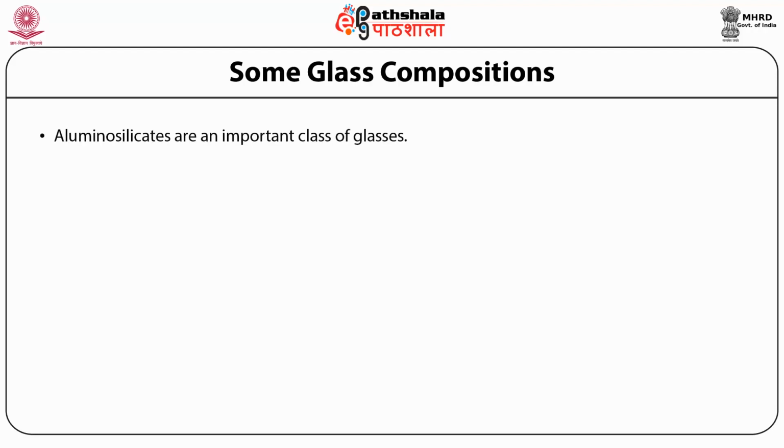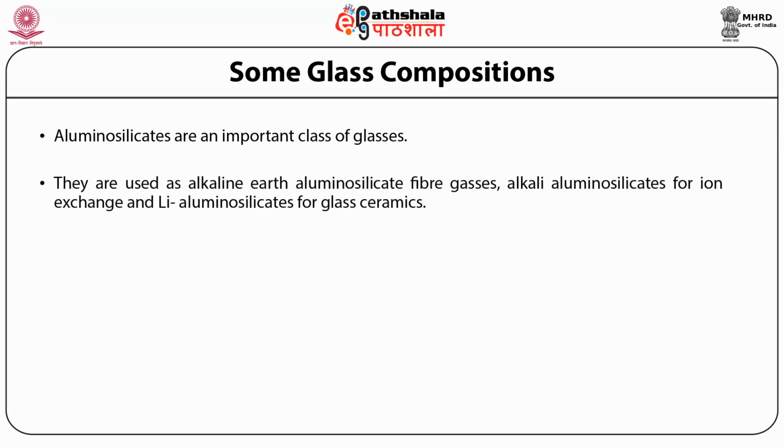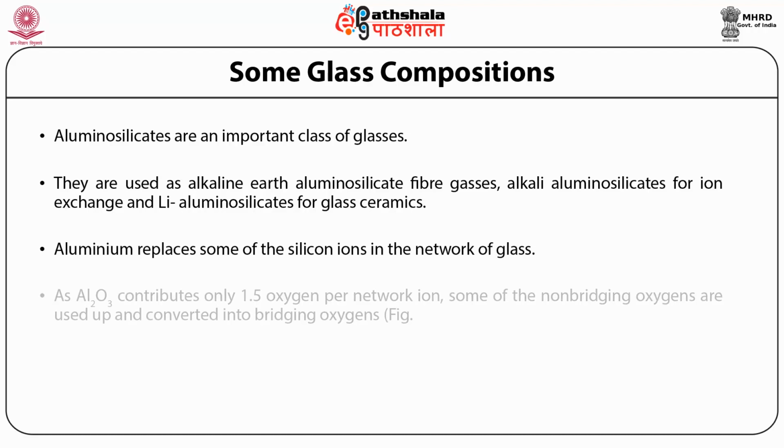Aluminosilicates are an important class of glasses. They are used as alkaline earth aluminosilicate fiber glasses, alkaline aluminosilicates for ion exchange, and lithium aluminosilicates for glass ceramics. Aluminium replaces some of the silicon ions in the network of glass.